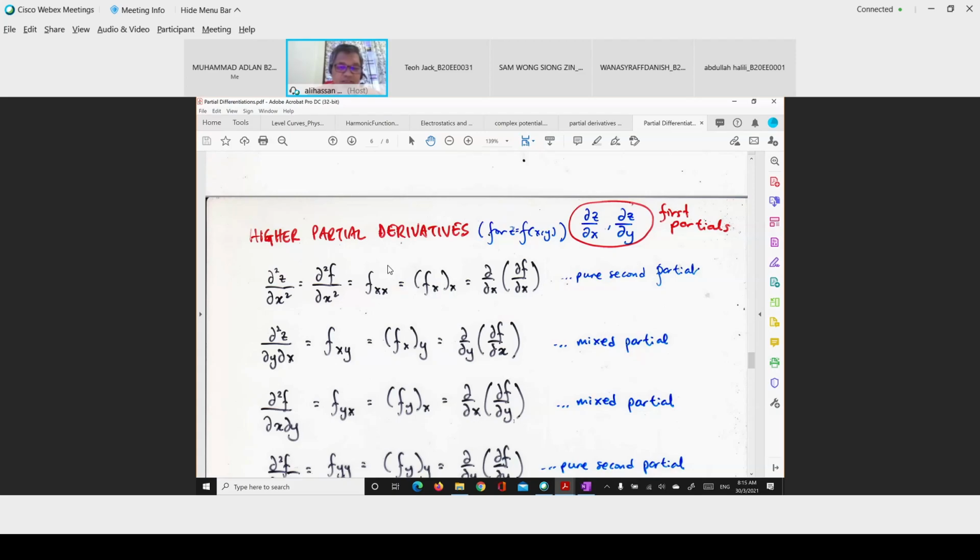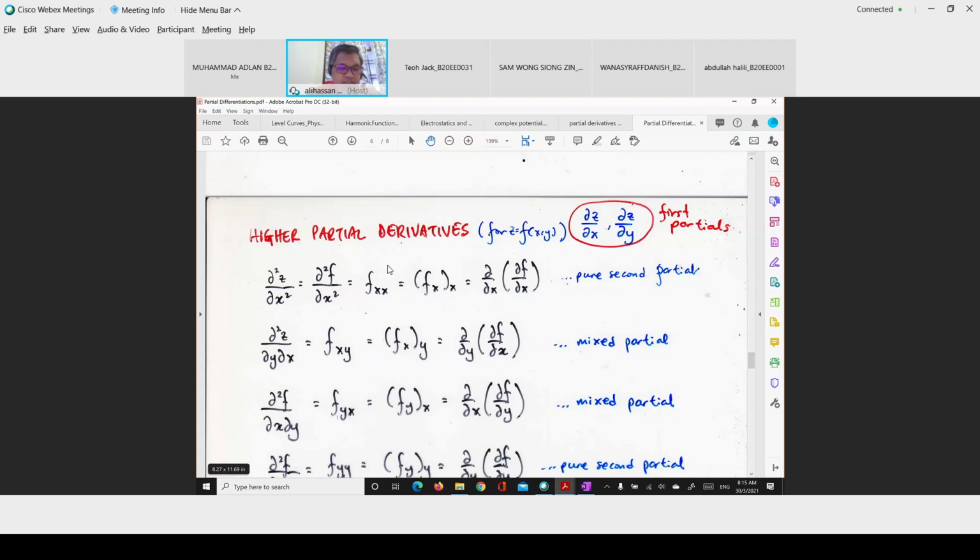So the order is important. You see the difference between f partial x partial y and f partial y partial x. When we have f partial x partial y, we compute f partial x first, and then we take the derivative of f partial x with respect to y.